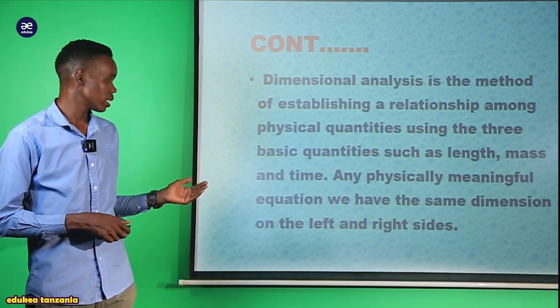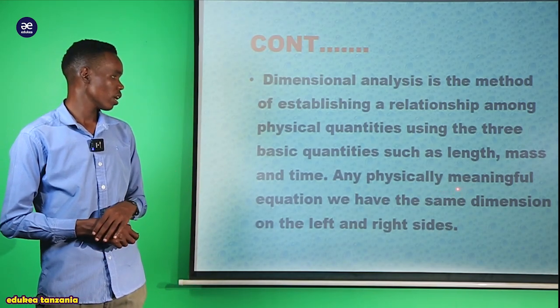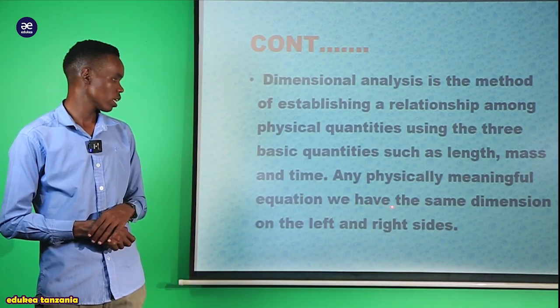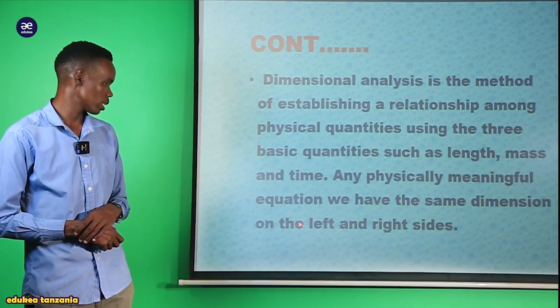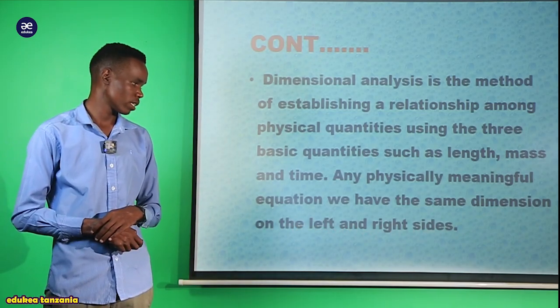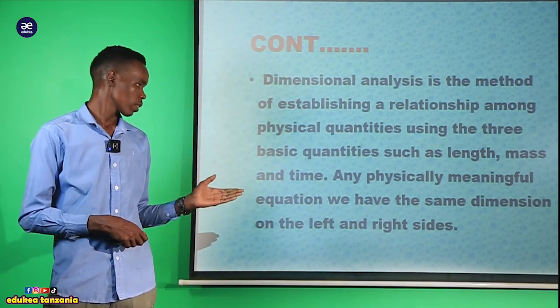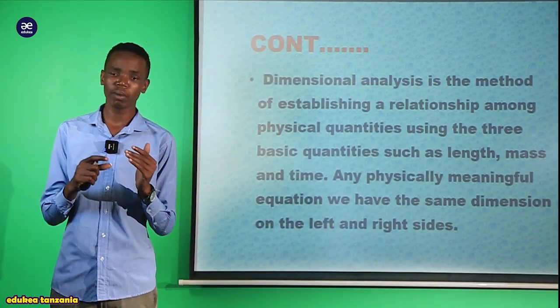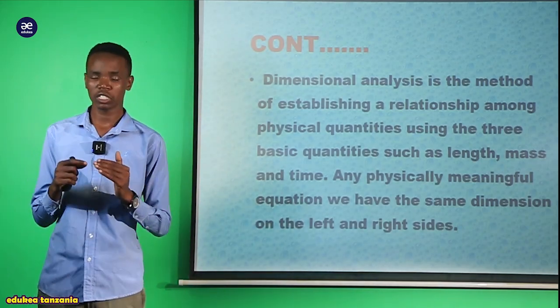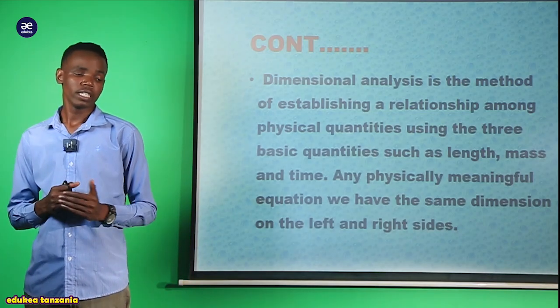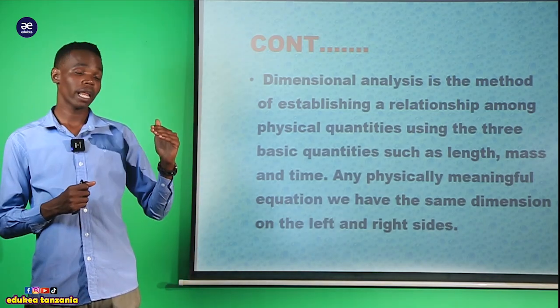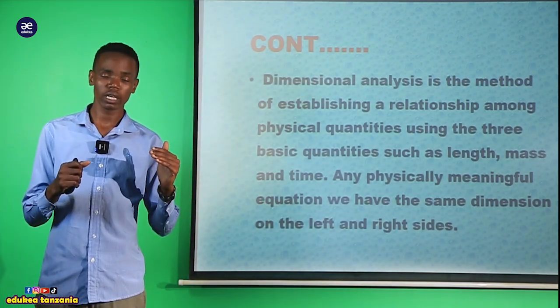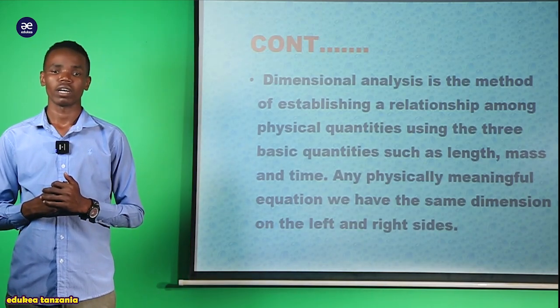As you can see here, in any physically meaningful equation, we have the same dimension on the left and the right sides. This dimension, my dear student, can appear on both sides.